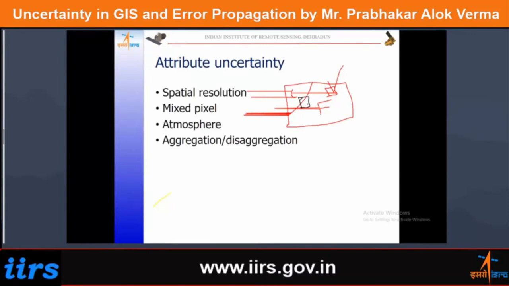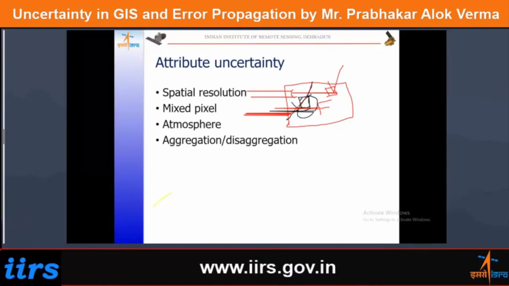So now, how will you assign this pixel? Either you assign cropland to this pixel or forest. If you assign this pixel to cropland, you will get a digitization boundary like this, where this extra portion of forest will be assigned a cropland value.